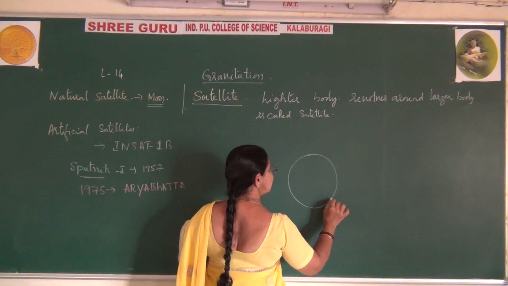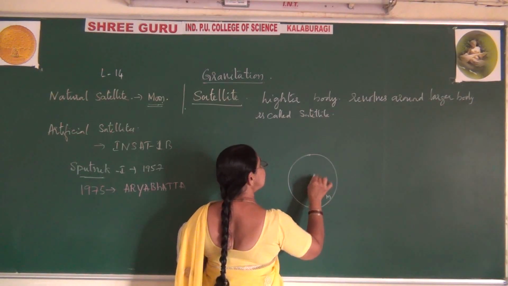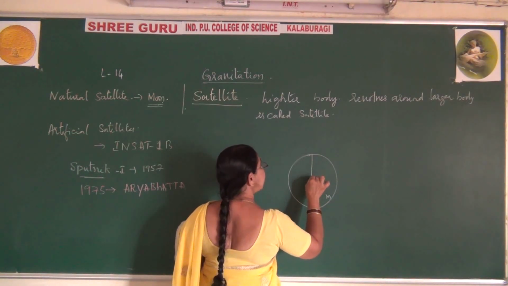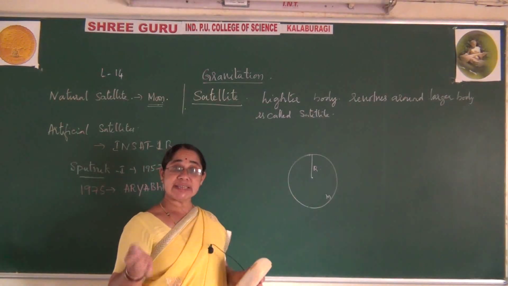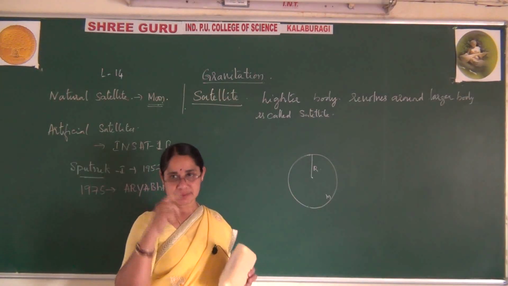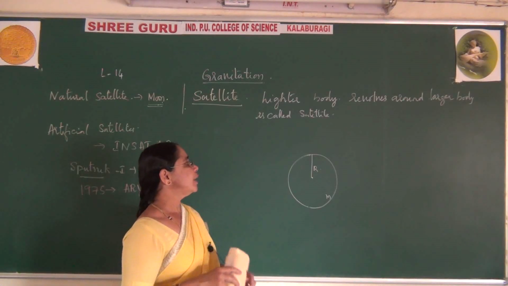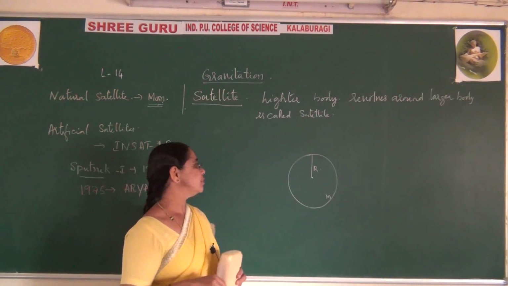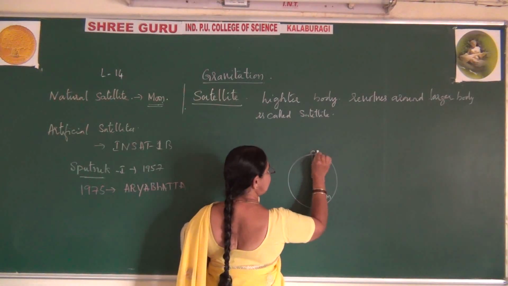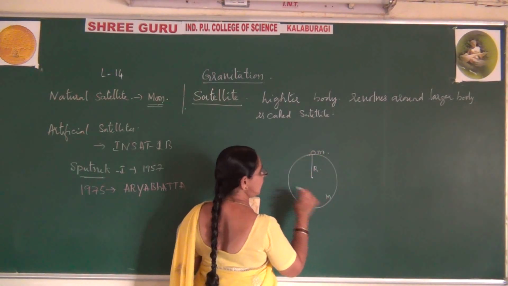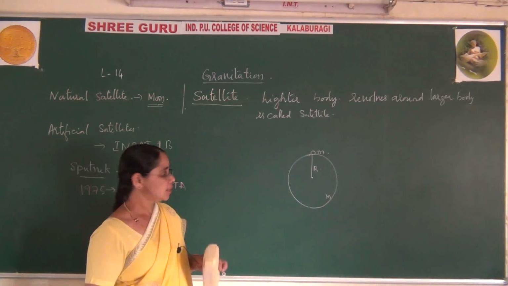This Earth has mass M. From the center to the surface is the radius, right? And we are launching the satellite from the surface of the Earth, a very small body. Let me say this is small m, and this is capital M, right?